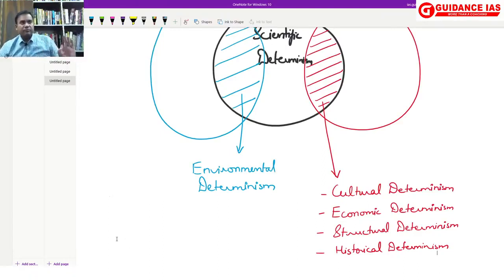Because yes, they make us forget the individual. The causes are external. Causes are either lying in environment or culture, economy, structure or history, whatever. Okay. Now this much is understood.